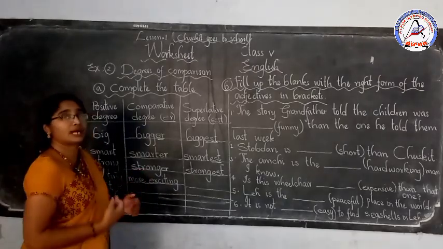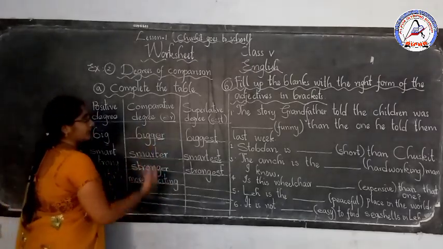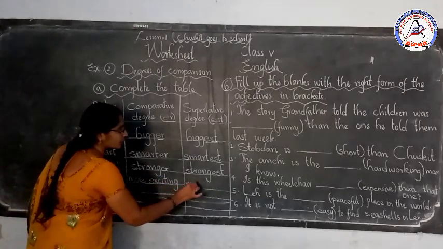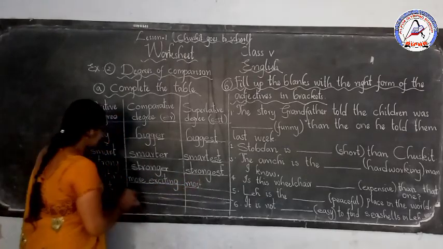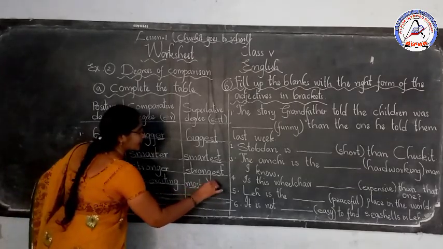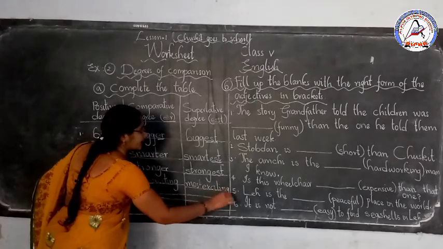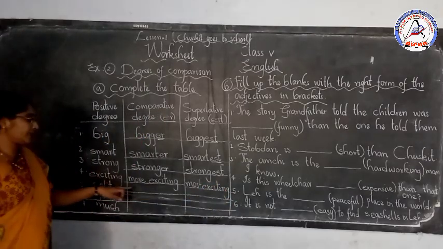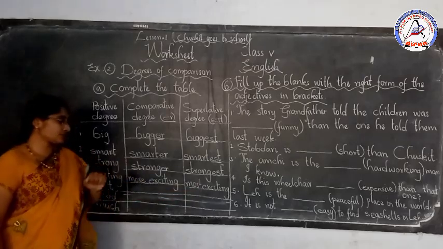No. Here also we have to use another word. More, you took no. So here what will you take? Most. Why? Because it is a 3 syllable word. Exciting, more exciting, most exciting.